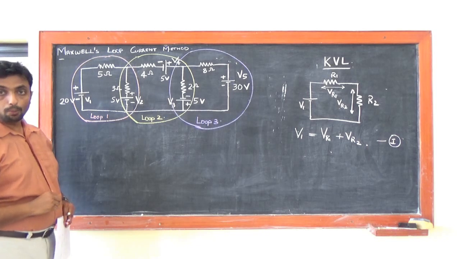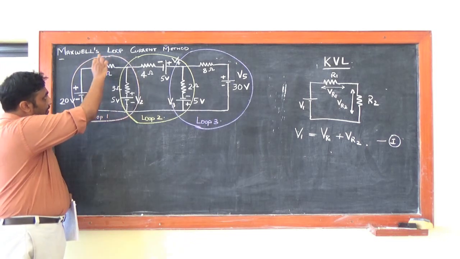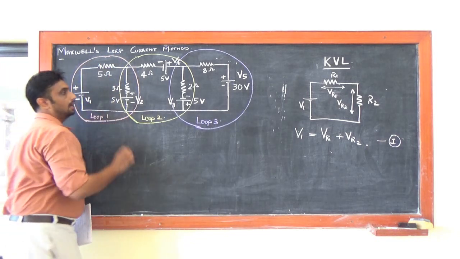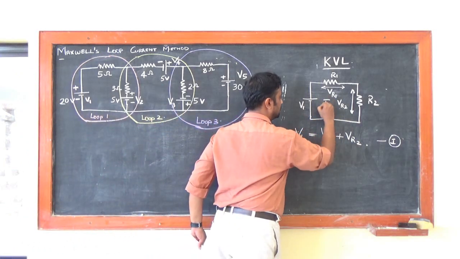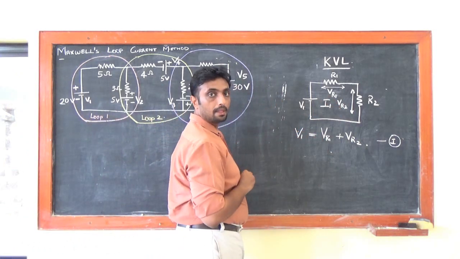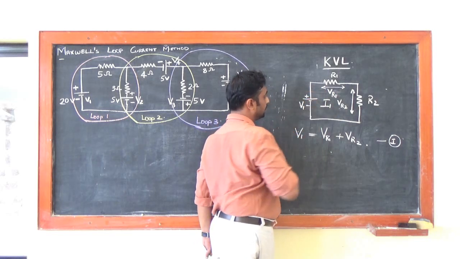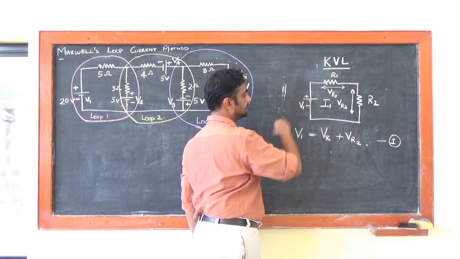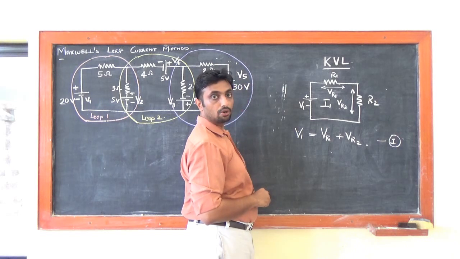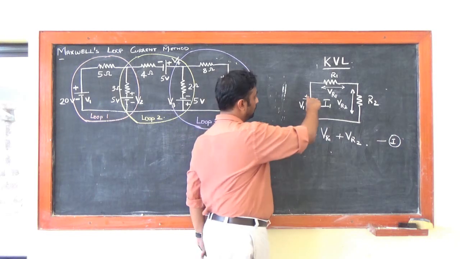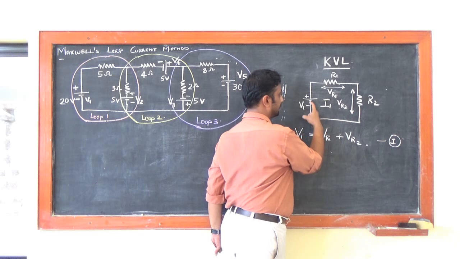Now there is a current flowing in this loop in the same way as current flows in this loop. But our direction of current is very well known because this is positive and this is negative. So current flows from positive to negative.